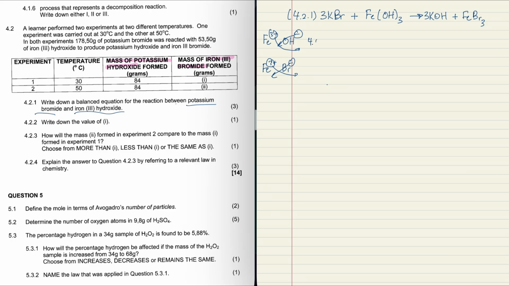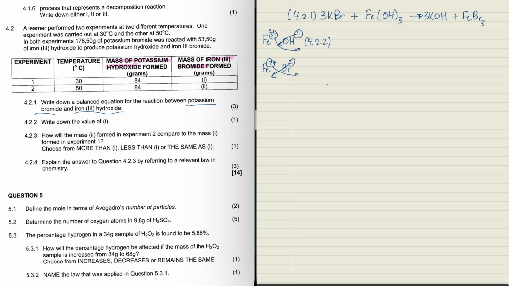Question 4.2.2, write down the value of I. So the value of I, we can calculate it. The way we can do that is we can use the masses that they've given us.